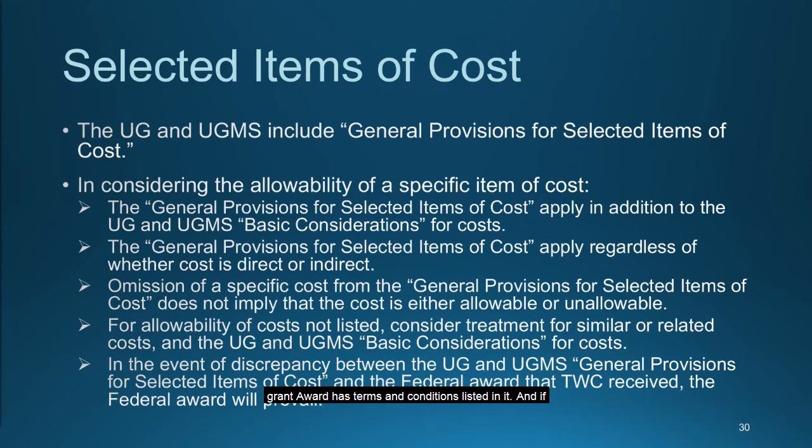And if there's something in there that they've added that has specifically authorized or specifically prohibits a cost, that's going to prevail over whatever UG and UGMs say for that cost. So we, of course, pass those requirements down to you, and they would reflect in your grant terms.